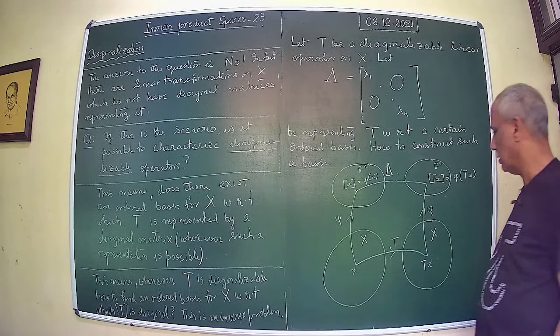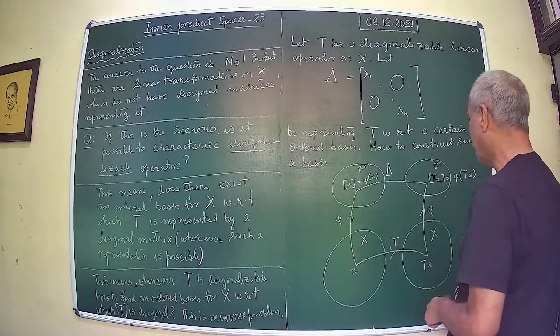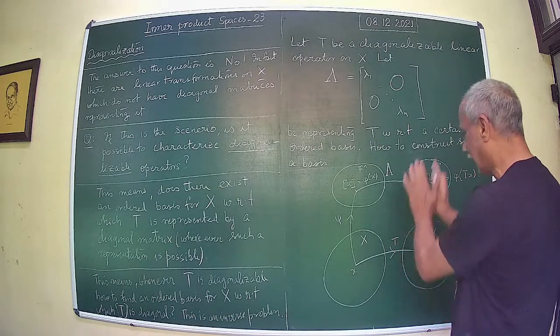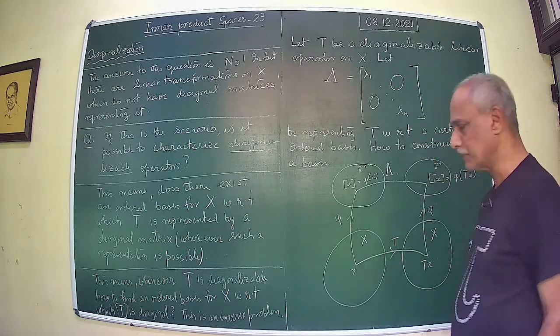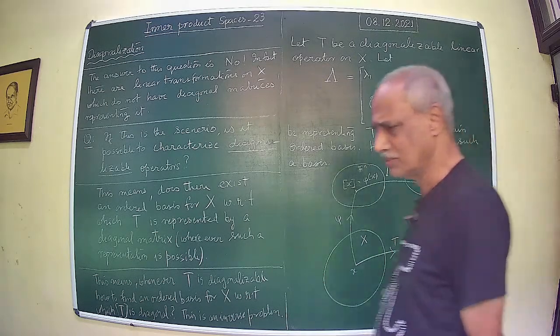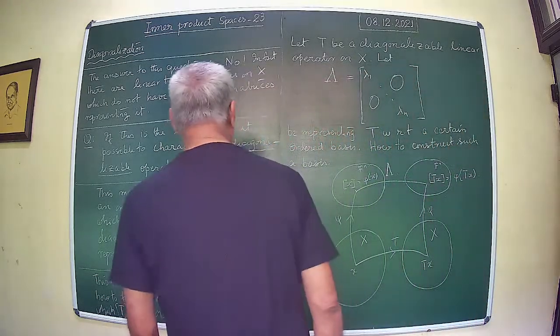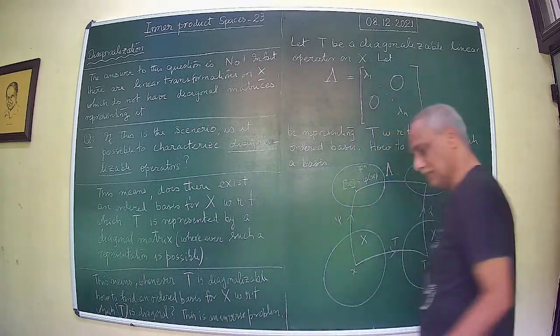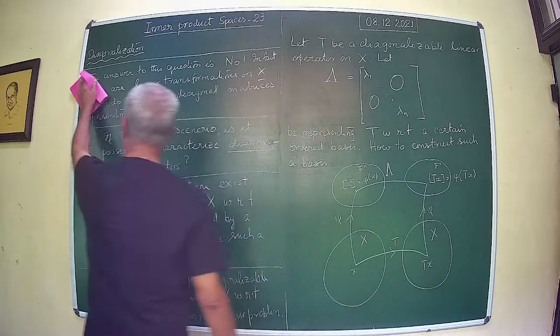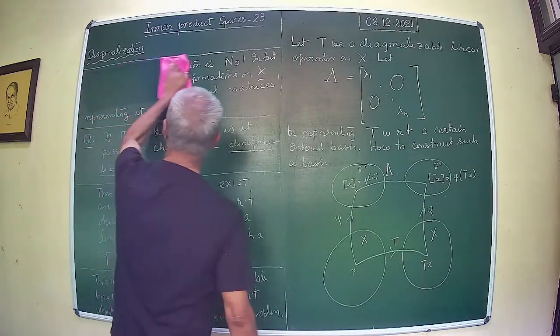Now we are assuming that T is diagonalizable and lambda is the diagonal representation in some ordered basis. We don't know what it is. So we are trying to relate the whole thing. So let us see what happens in this. This diagram will help you to understand this problem better.